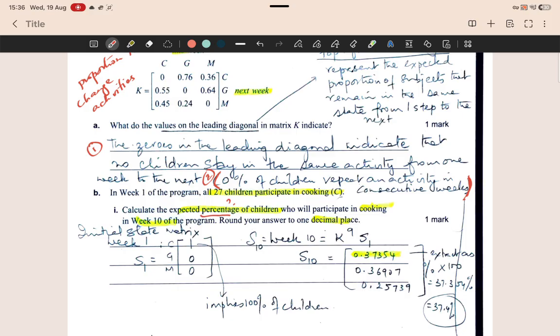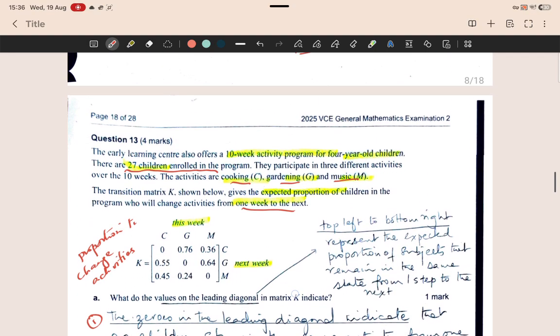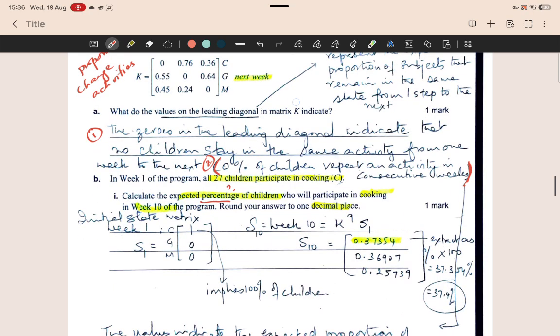The information given to you is for week 1, in week 1 all 27 participate. All 27 represent 100%. Because the question says percentage, I have put 100% as 1, and there are no children in the other activities. So this one represents 100% of children.